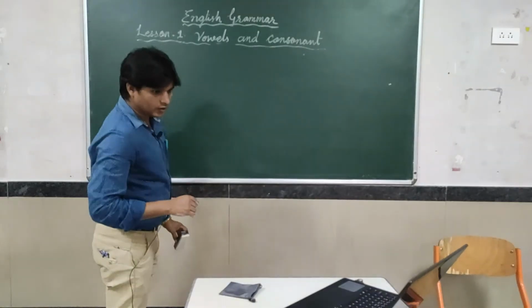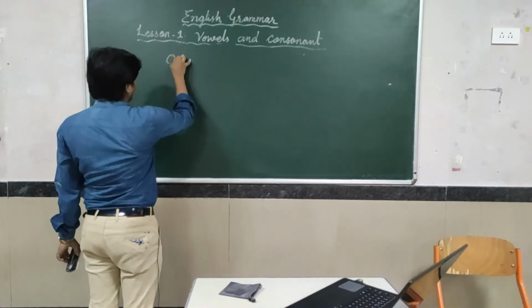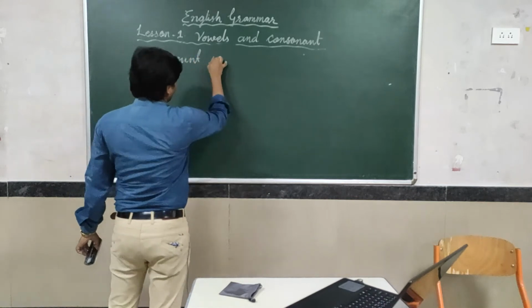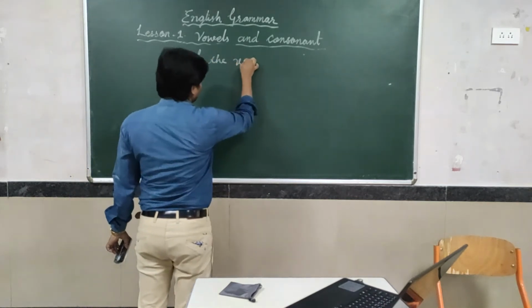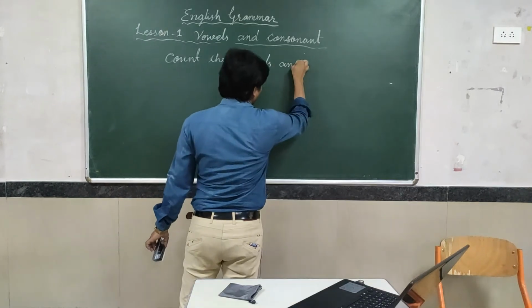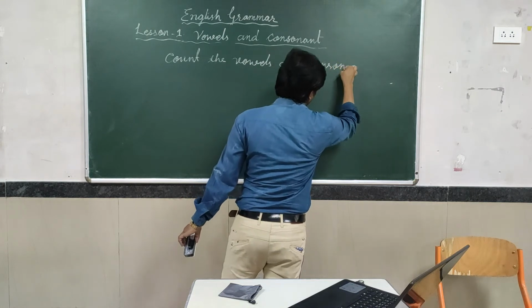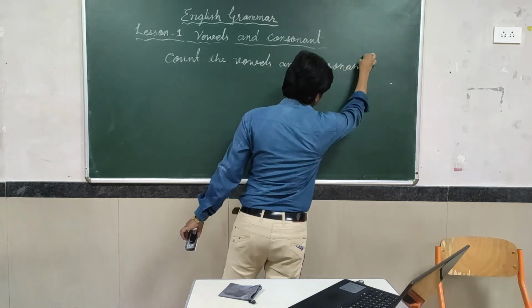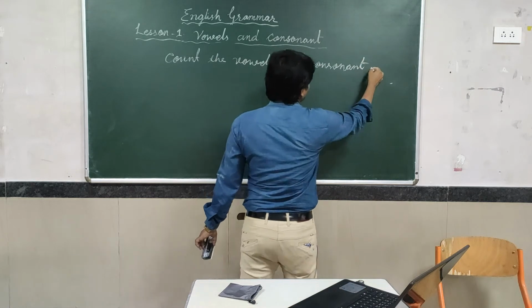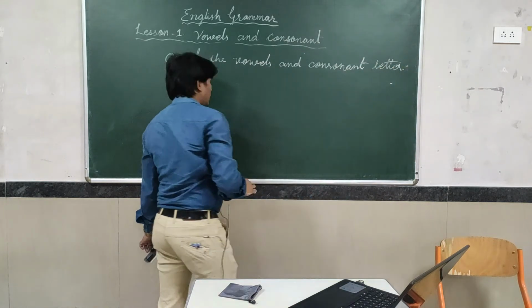Second point: count the vowels and consonant letters. What is given?